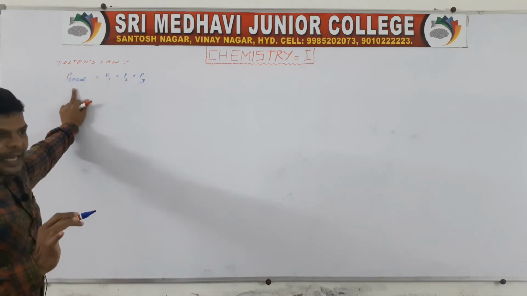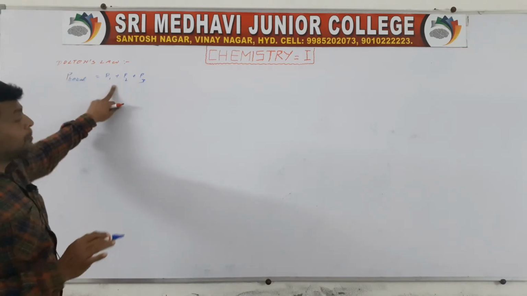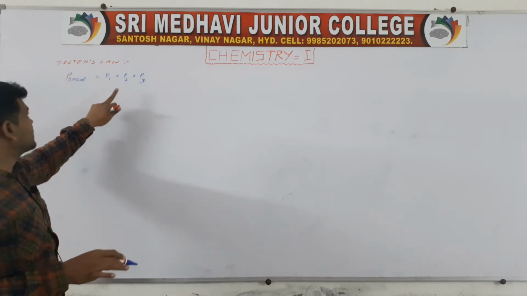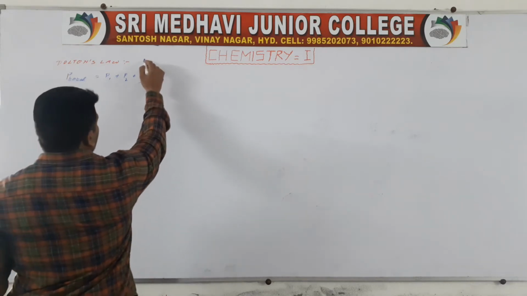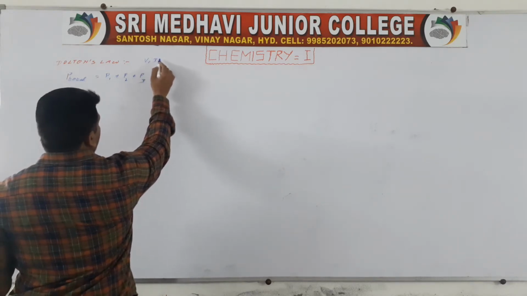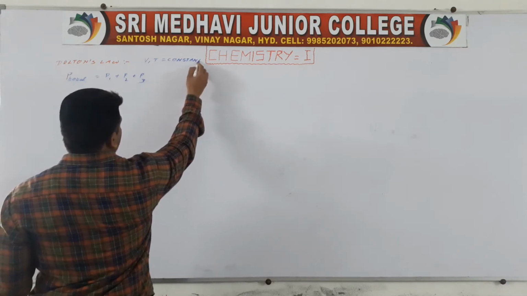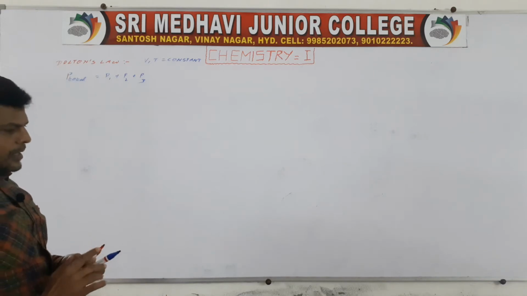The pressure exerted by the total gaseous mixture is equal to the sum of the partial pressures of the individual gases. This is called Dalton's law, at constant volume and temperature. Volume and temperature are constant.